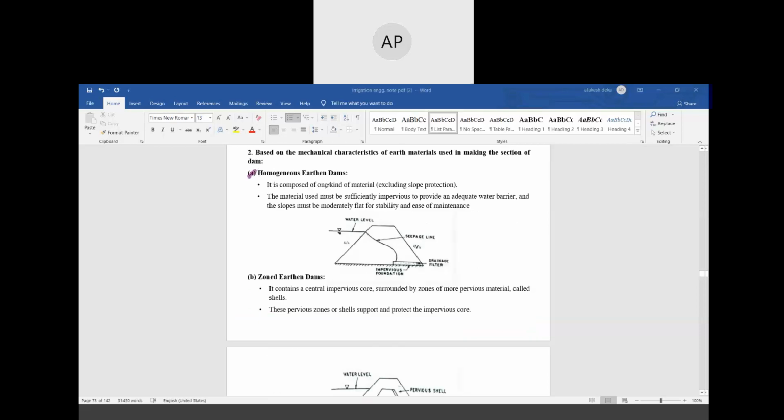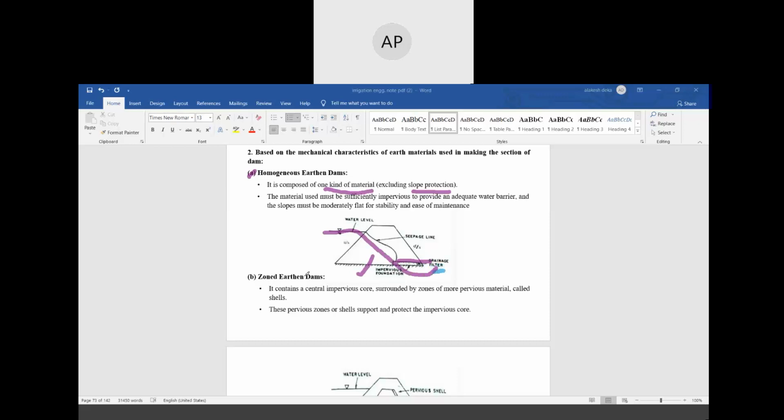The material used must be sufficiently impervious to provide an adequate water barrier, excluding slope protection. In this type of homogeneous earth dam, a drainage filter is provided to filter the seepage water.